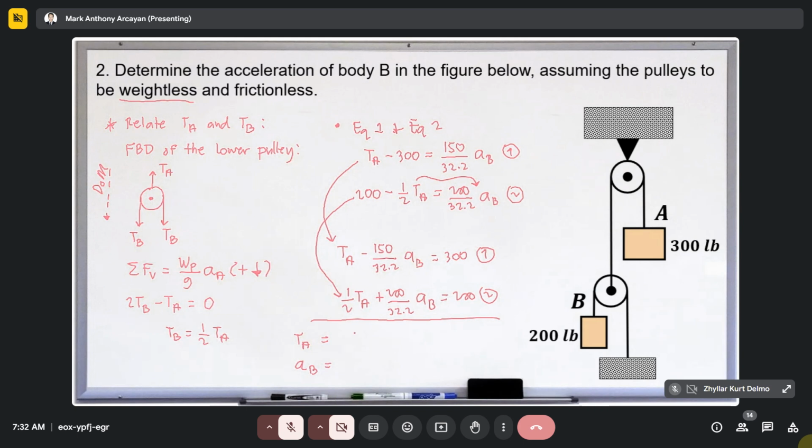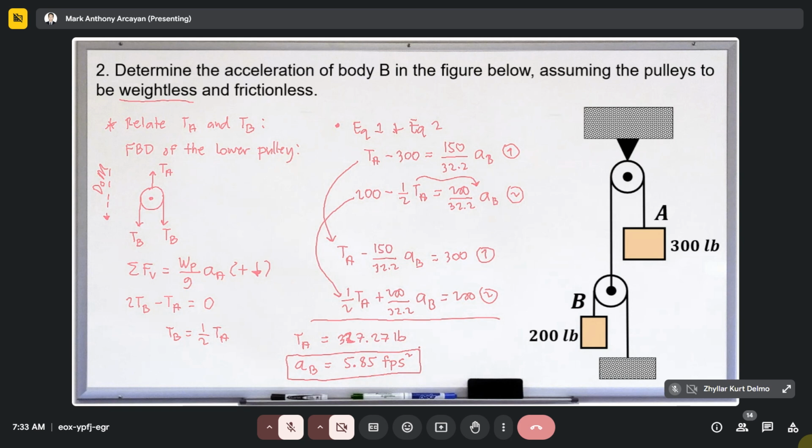Okay, TA is 327.27 pounds, whereas aB is 5.85 feet per second squared. This is the value of our acceleration at B.